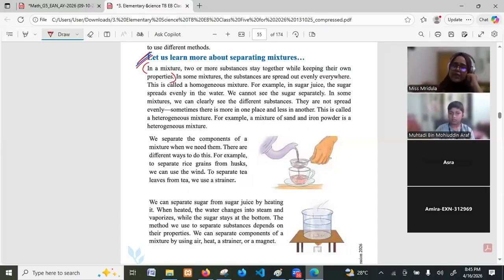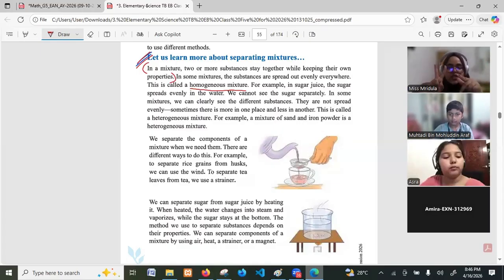Okay, so in some mixtures, the substances are spread out evenly everywhere. This is called a homogeneous mixture. So that means, suppose we have two elements. One is a bit thick and the other is not that thick. So we can mix the two things in two different ways.